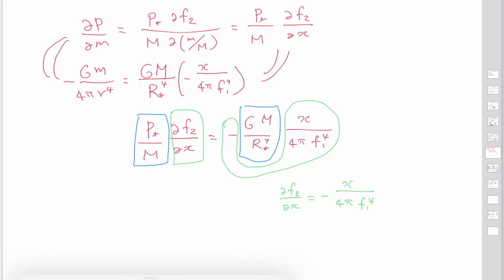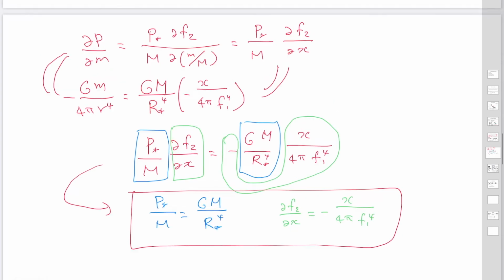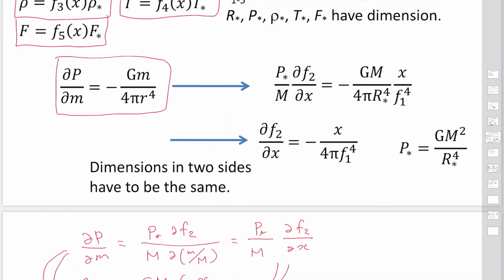For the dimensional quantities, P_star over M equal to GM over R_star to the 4th. So from the single equation, we could derive two equations. The first equation is responsible for the dimensions, and the second equation is responsible for the structure. Okay, so we have these two equations as I explained.